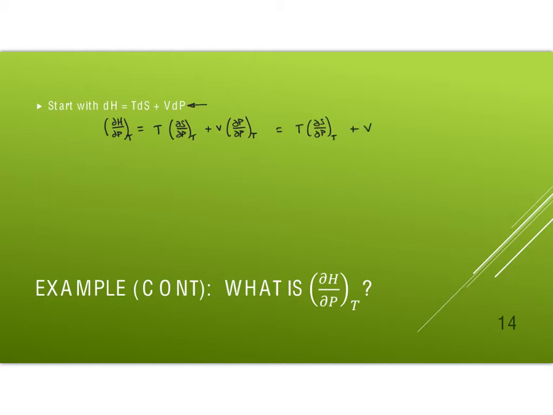So far so good. I know this one. I still have this (dS/dP) at constant temperature. So what is that? Well, go back and look through your list of Maxwells. And sure enough, we have one that says, oh, wait a minute, (dS/dP) at constant temperature is negative (dV/dT) at constant pressure.